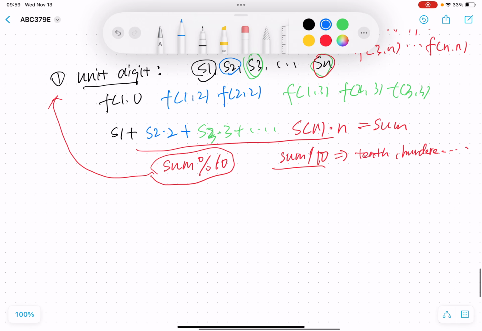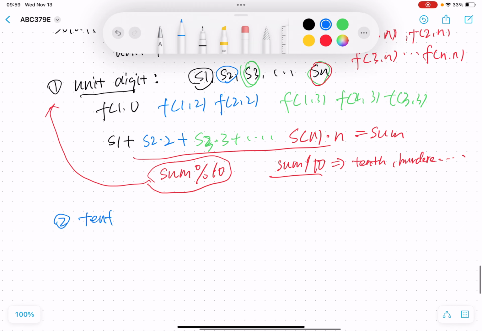For the next part, how to calculate the tens digit? Actually, the first part is the sum from the last part divided by 10. We can add that to the tens digit. In addition, for S1, S2, S3, S4, up to Sn minus 1 and Sn, we also need to choose which number we need to add to the tens digit of the answer, and how many times we need to add this digit.